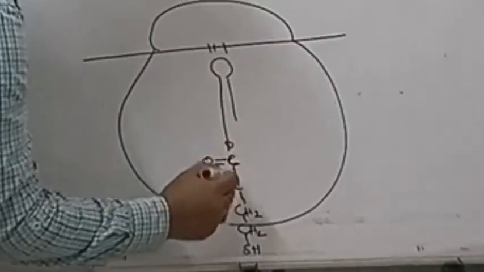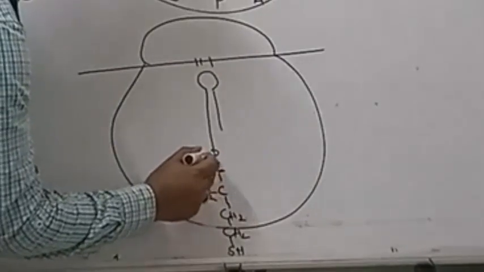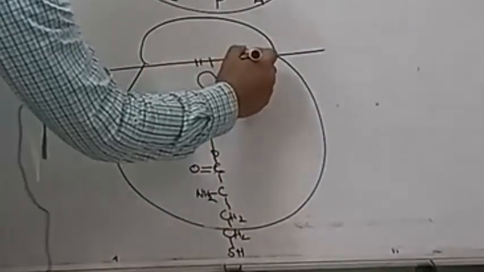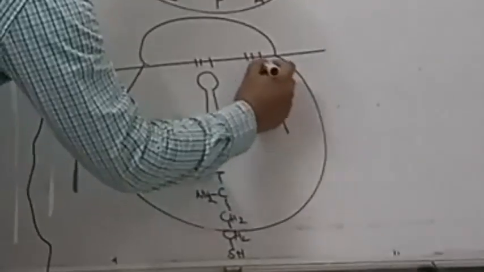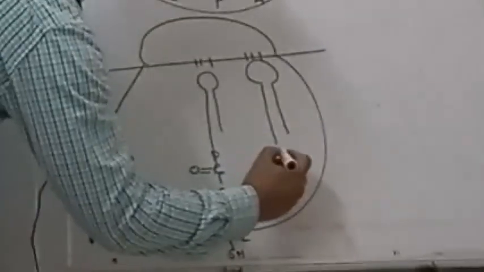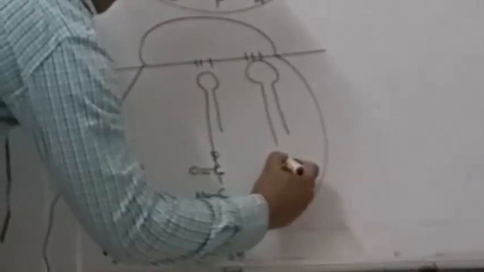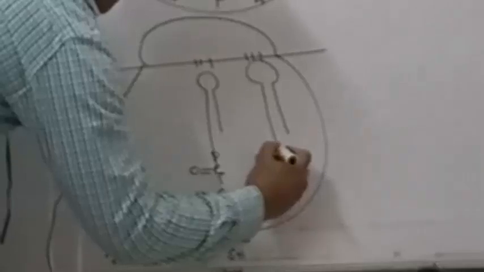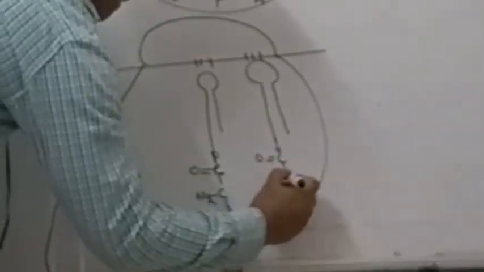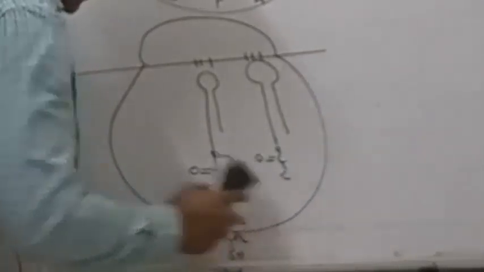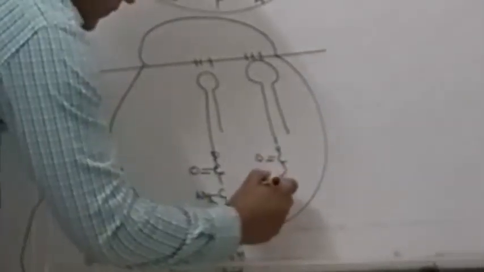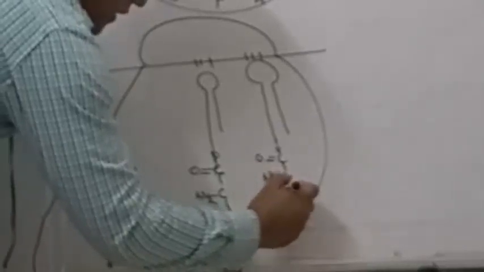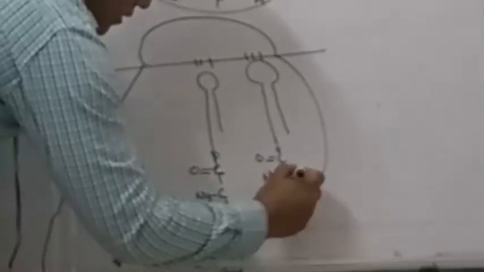Here this is the carbonyl carboxylic group. This was forming an ester bond, and so this was methionine tRNA. Here I had, suppose, another amino acid, say glycine or any amino acid; let me not be specific.